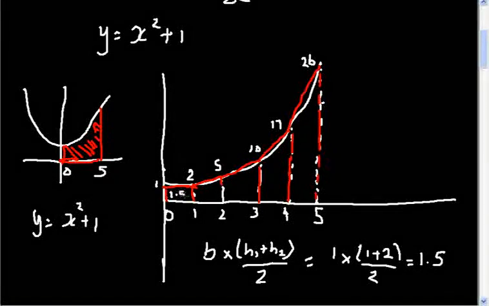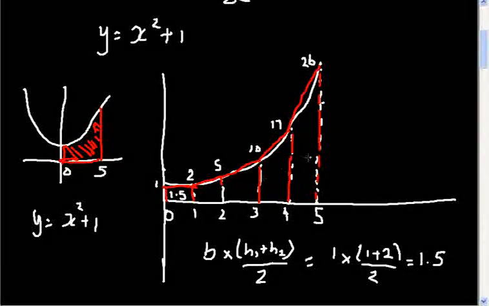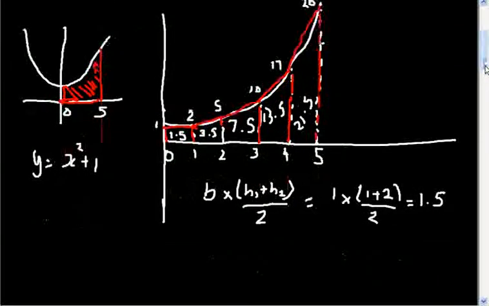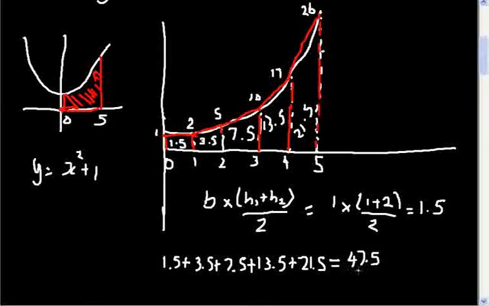So that small box has an area of 1.5. Likewise, I do the same thing and figure out the areas of these strips. These are the areas of each strip, so I have to add them all together. If I add them all together, I get 47.5.